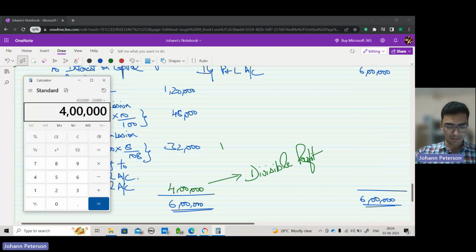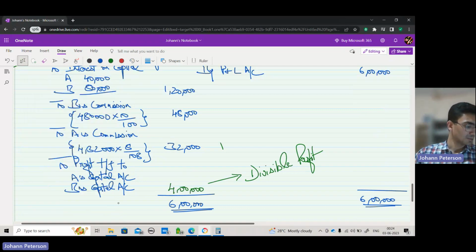And I'm going to divide this in the ratio of 2:3. So 4 lakh into 2 divided by 5 is 1,60,000, and the other is going to be 2,40,000. 1,60,000 and 2,40,000 will be my balancing figures. This is my profit which is going to be transferred.